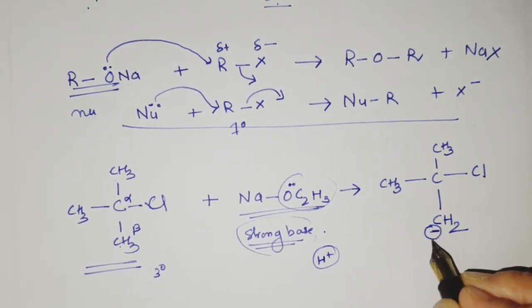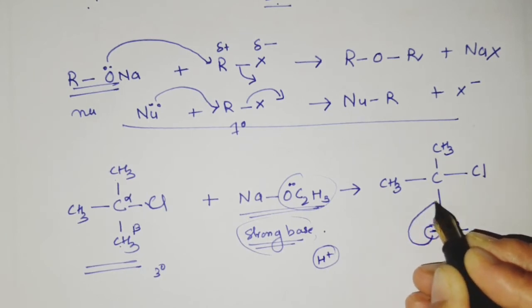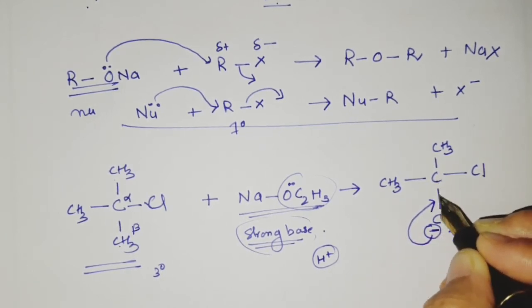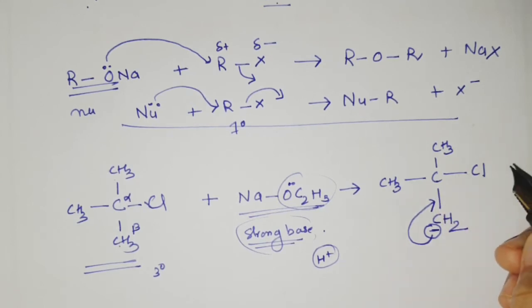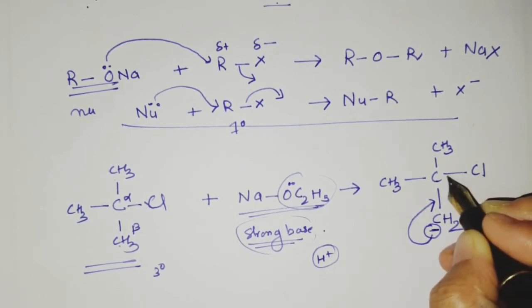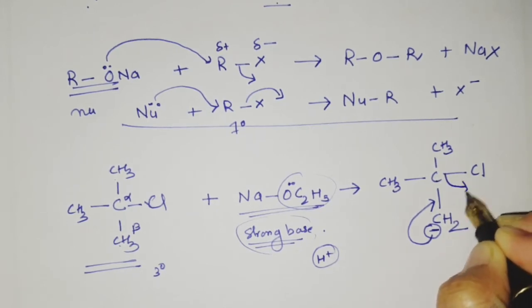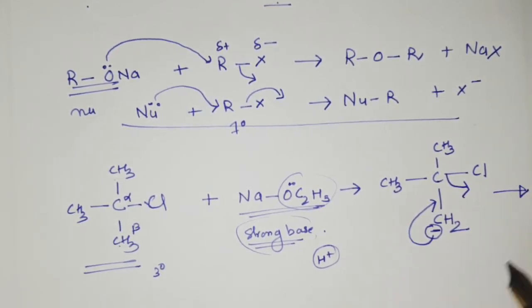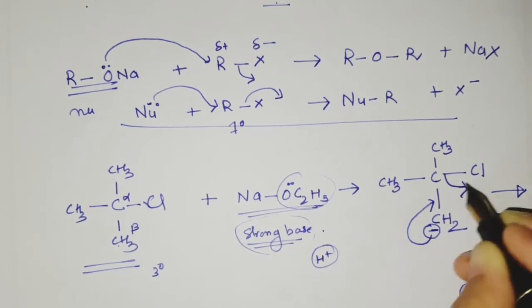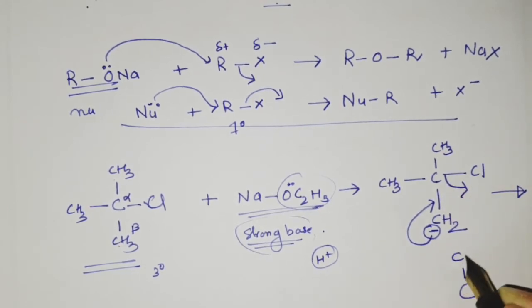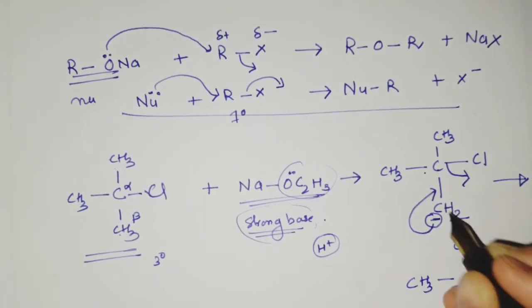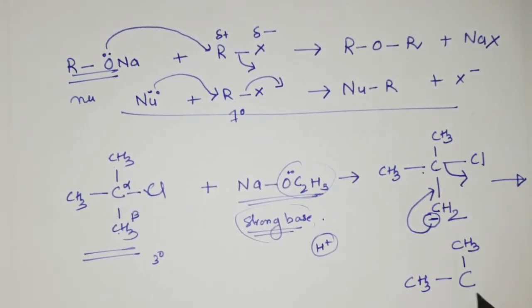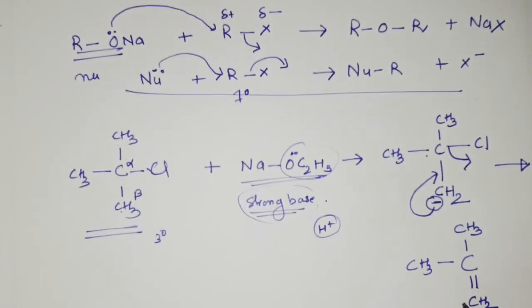Now this methyl group pushes electrons towards this carbon, and five bonds never form. So this Cl is more like a leaving group, because the bond is very weak and polar. So Cl will leave. Okay, and what you are going to get is this carbon, which now has no bond to Cl, and CH3 as it is. Now this carbon and this carbon have a double bond, CH2. So what is this product called?